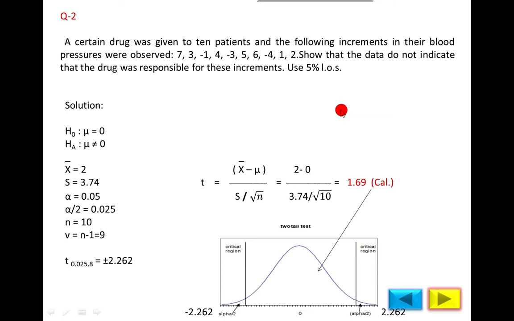This is the most important thing, because with the help of testing of hypothesis, you can check whether the change in the data depends on the criteria or treatment, etc., or not. So with the help of testing of hypothesis, you can test whether the change in the data before and after is accepted or rejected.